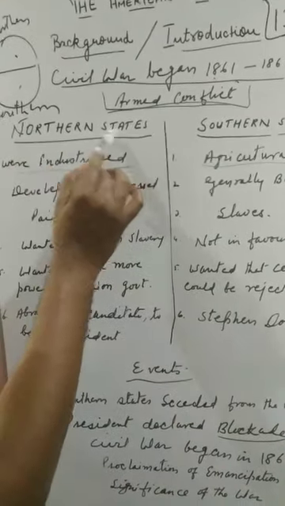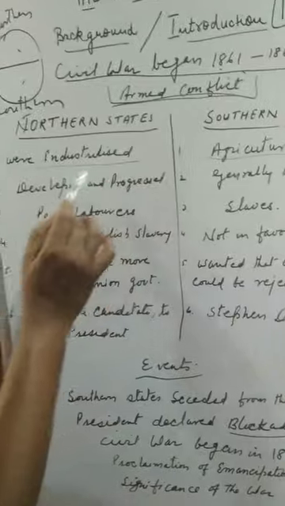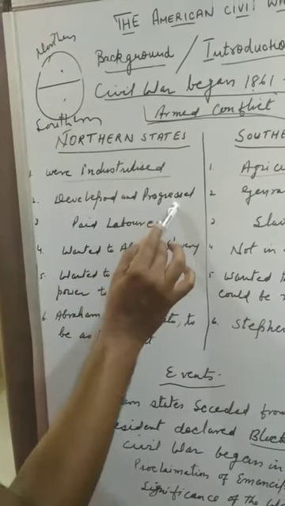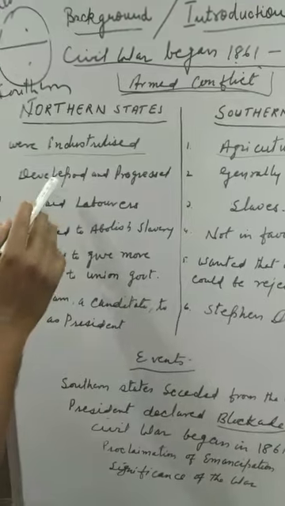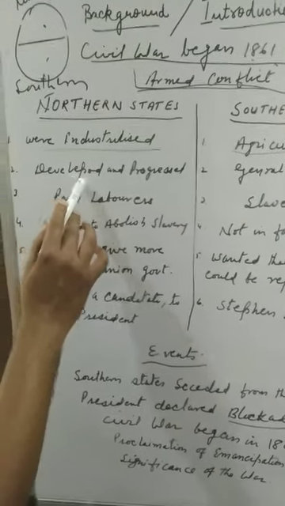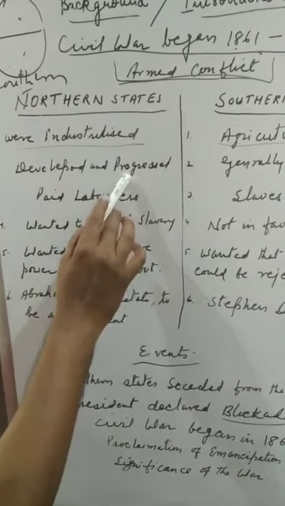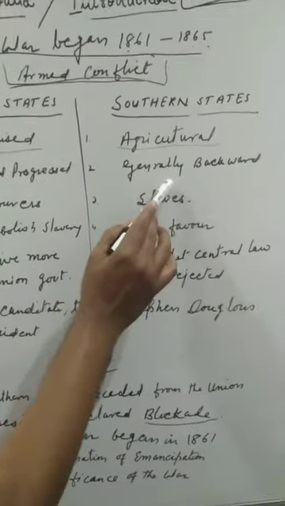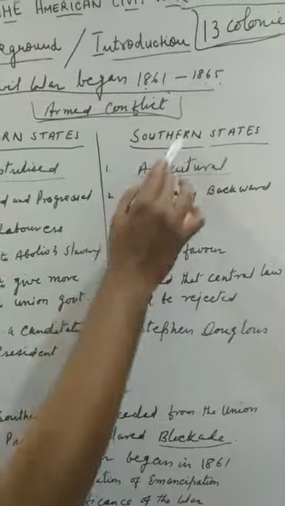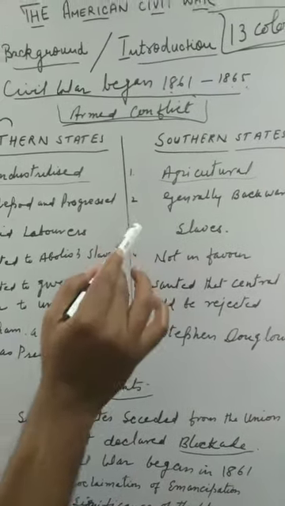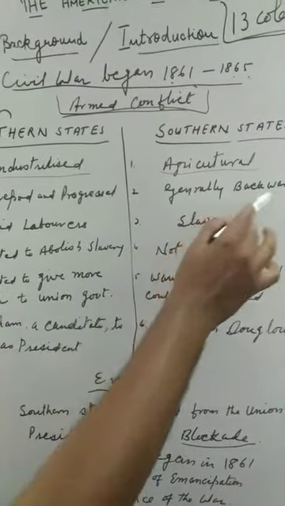Northern states, due to industrialization, were developed and progressed. The southern states were generally backward, and depended on tobacco and sugarcane.